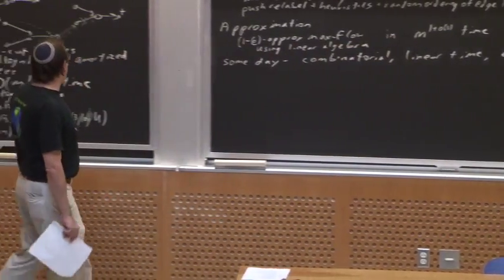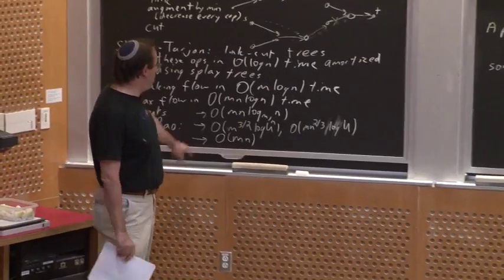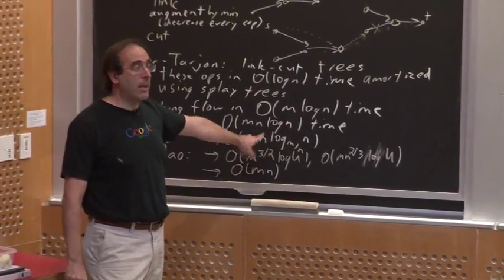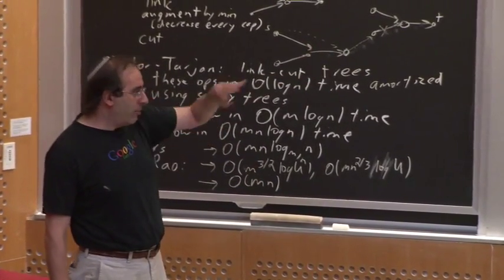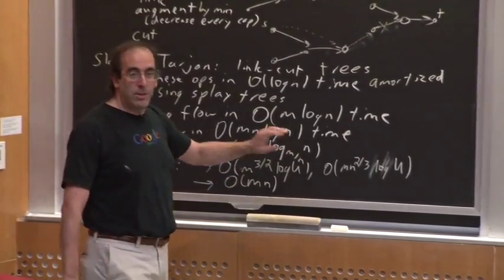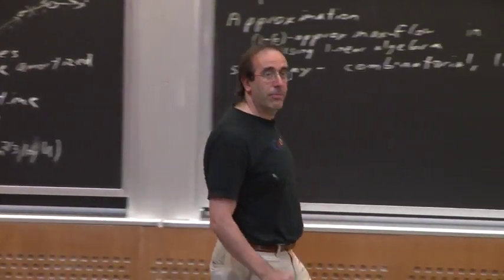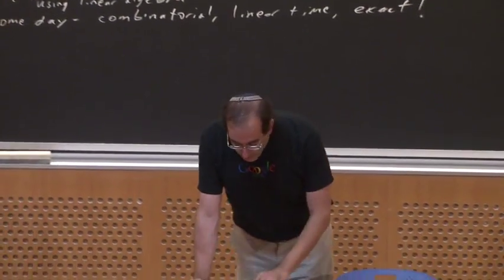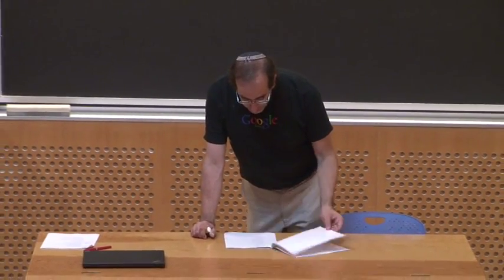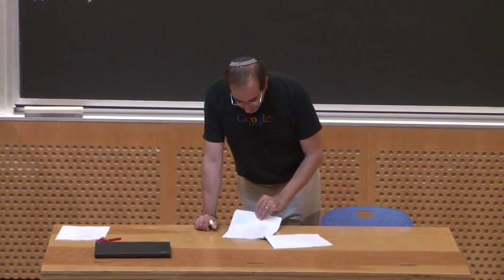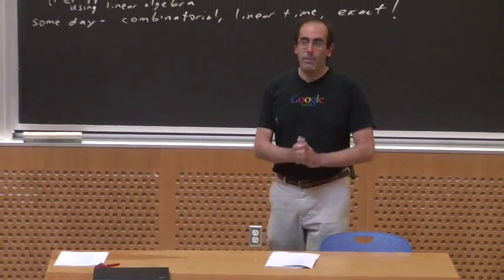So there's lots of opportunities to extend this work, either in that horrible linear algebra or using more combinatorial techniques, okay? So that's all I have time to tell you about max flow. Are there any questions before we move on to our next topic?